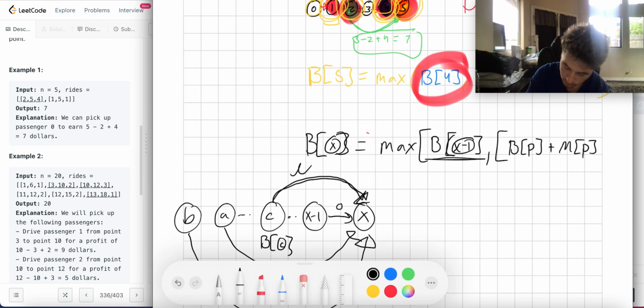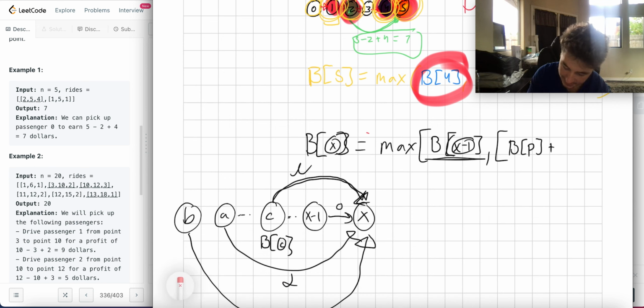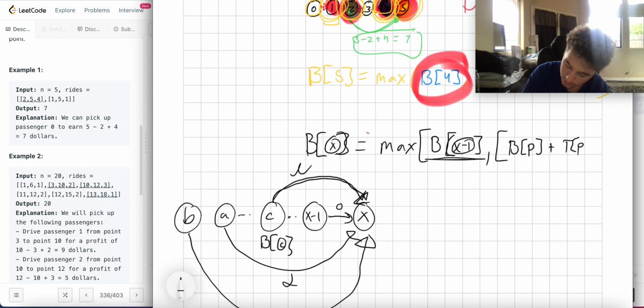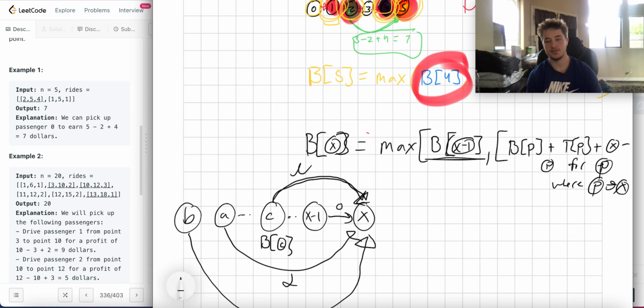You're at a state X, so you'd have the tip money plus the state that you're at, X, minus the state P, because that would be the distance for each place that goes into X. Sorry, this is some messed up notation.